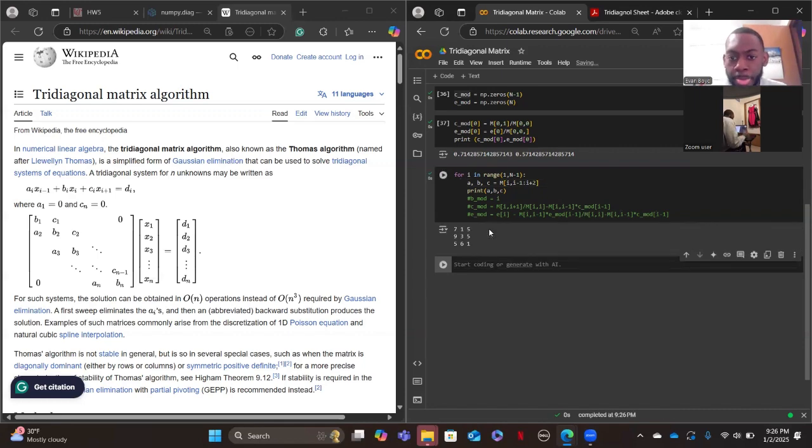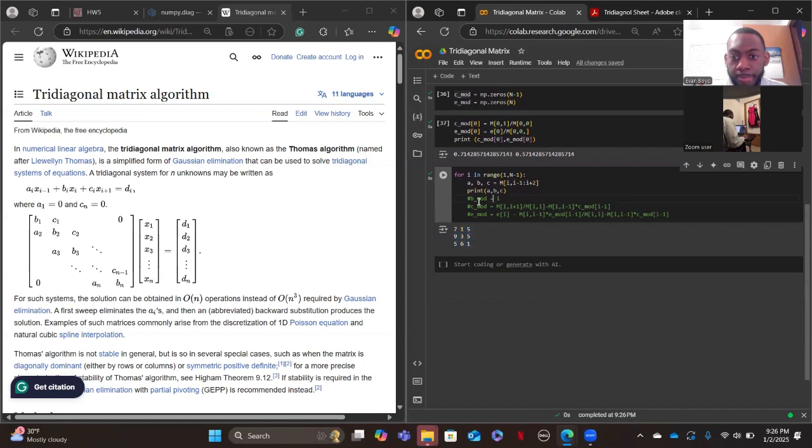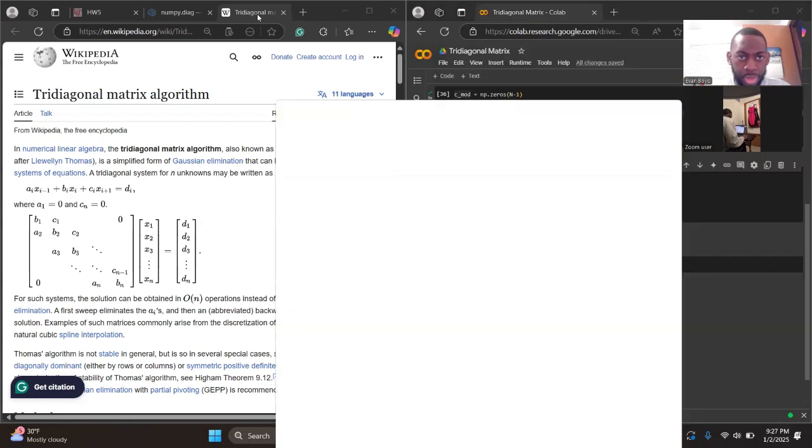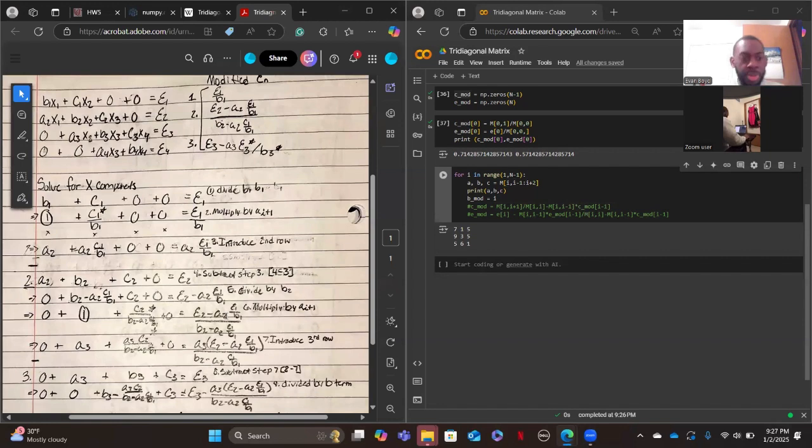So we should enter this. We didn't get the rows that we were actually looking for. So perfect. Now for our B mod, modified B, I have it over here because I was doing practice. Let me put it back over here. We'll be retyping this for portion: B minus A2 times C1 divided by B1.